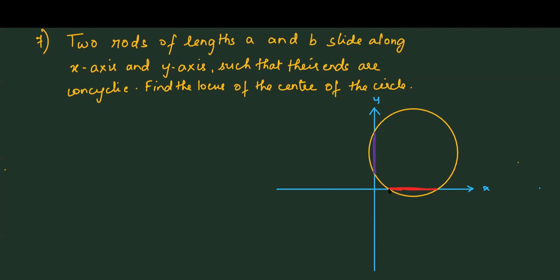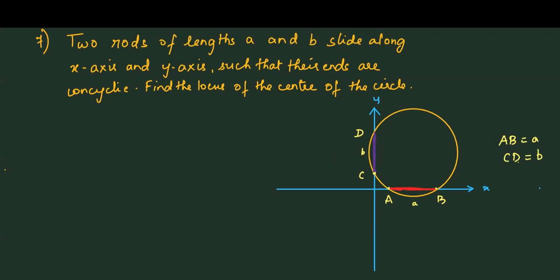Now the ends of the rods are AB and CD. The length of AB is small a and the length of CD is small b. AB is a, CD is b.